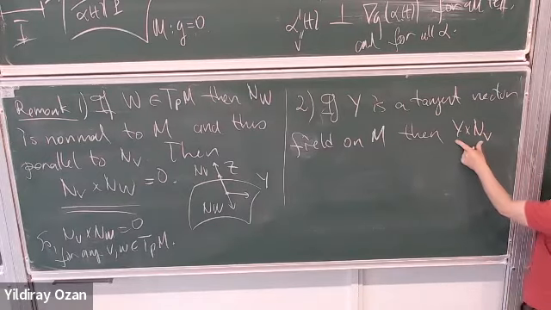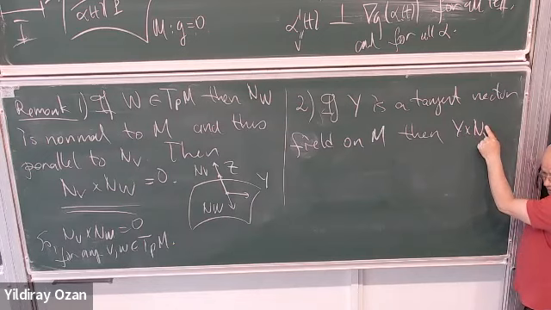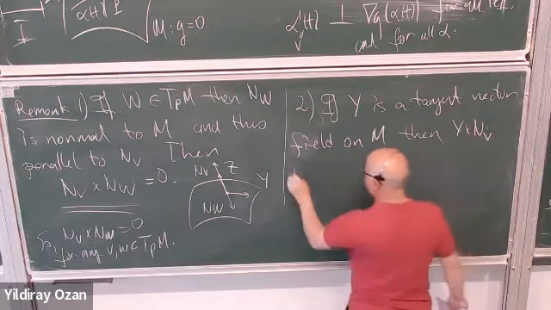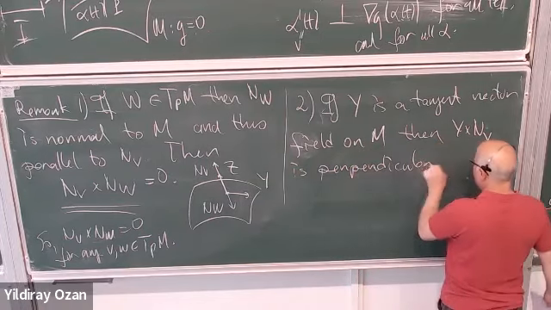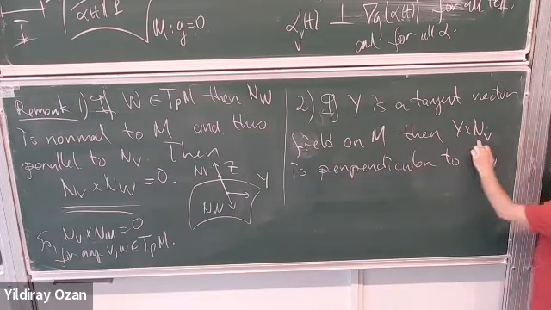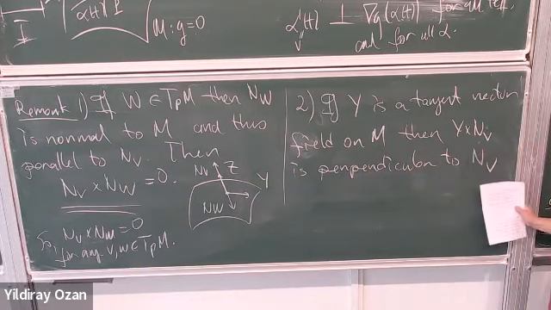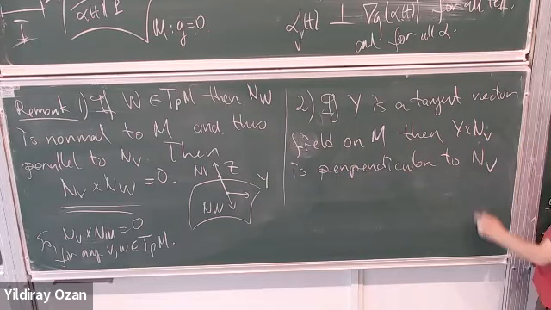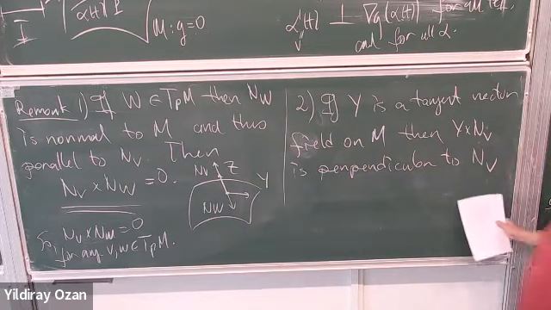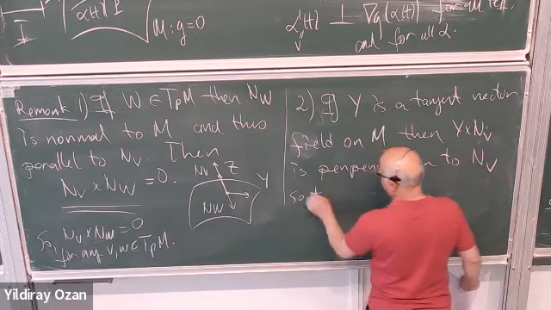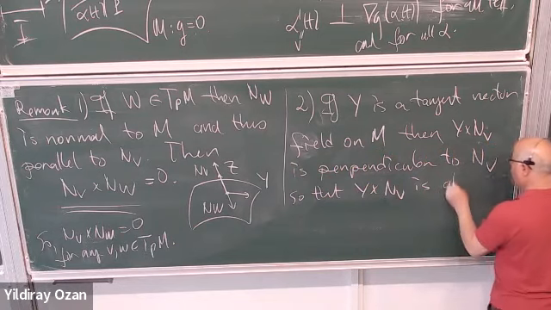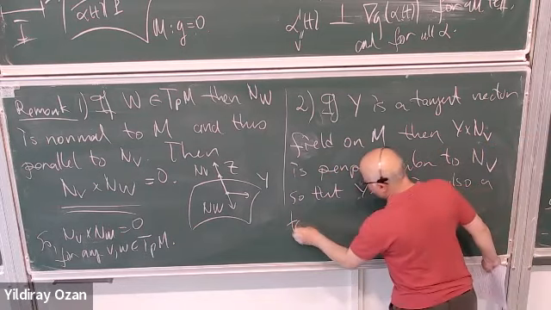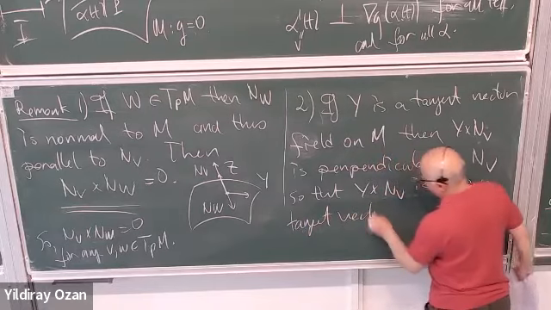This is perpendicular to NV, clearly, but NV is a normal vector field. If you have a vector field which is perpendicular to the normal field, then it has to be tangent. So that Y cross NV is also a tangent vector field.